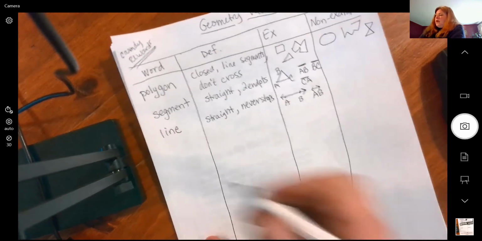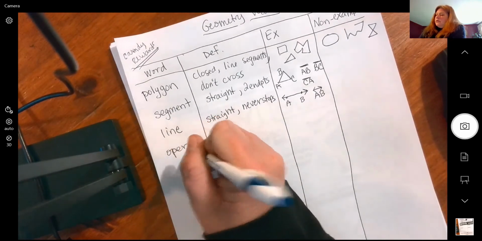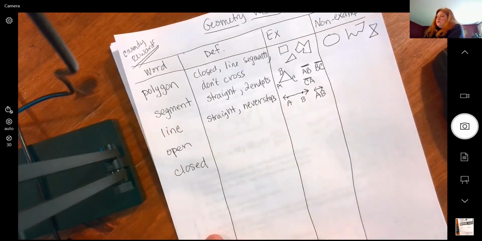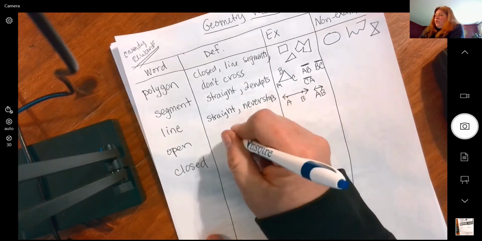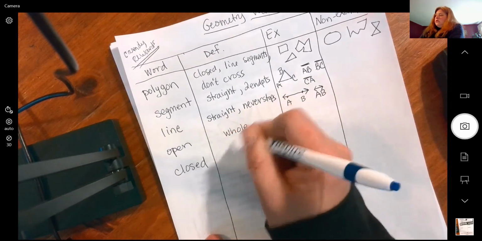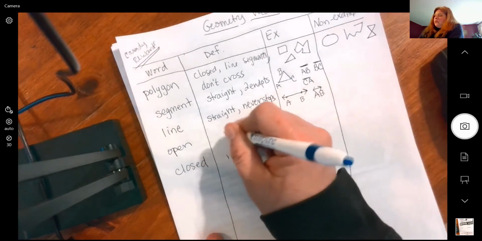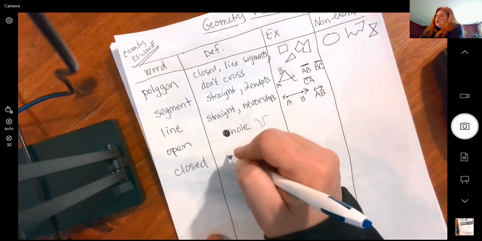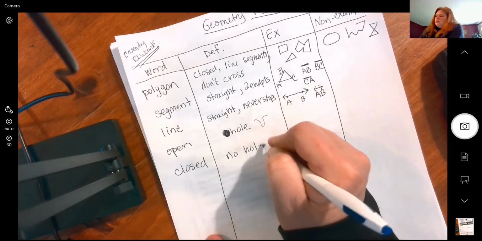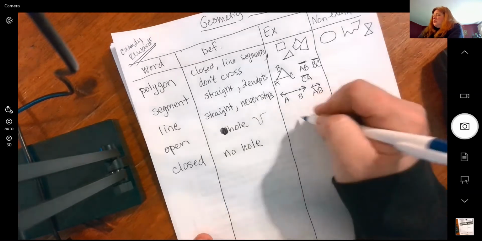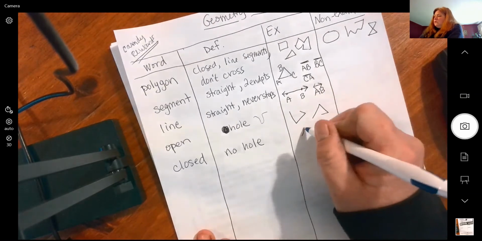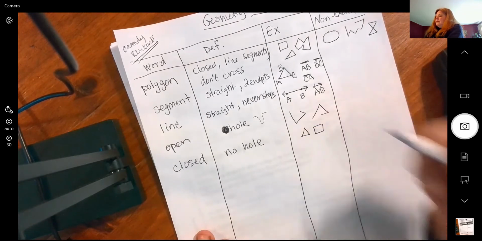All right, so now we have open and closed. So open, it has a hole. And this one has, oh, I put a hole, like a whole pie, a hole, I need like a dip, right? No hole. So open, closed. They meet.